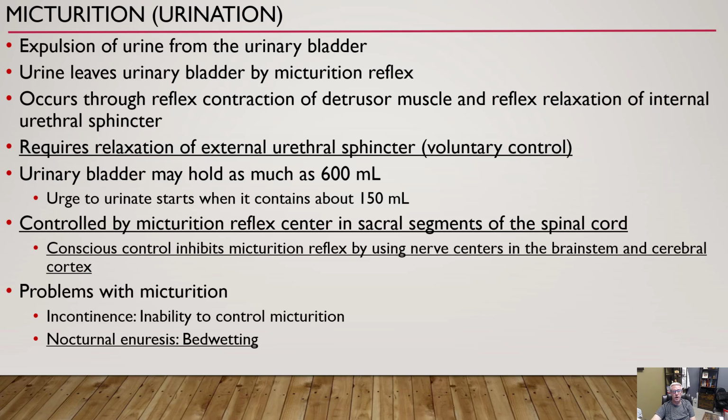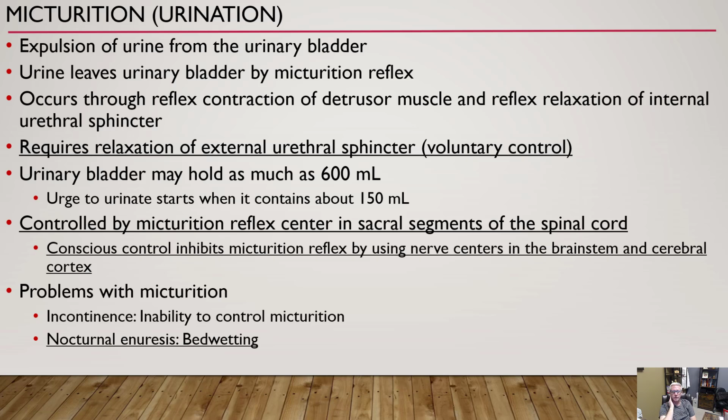And then it also requires relaxation of the external urethral sphincter. Remember, the internal urethral sphincter is smooth muscle, so there's no voluntary control over smooth muscle. The external urethral sphincter is under voluntary control, so it's skeletal muscle.